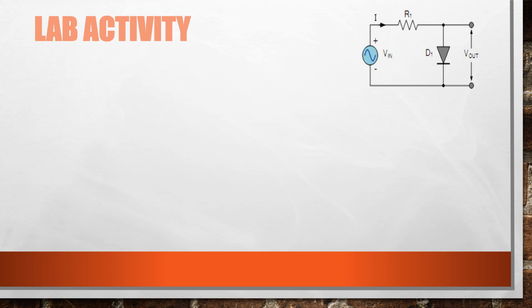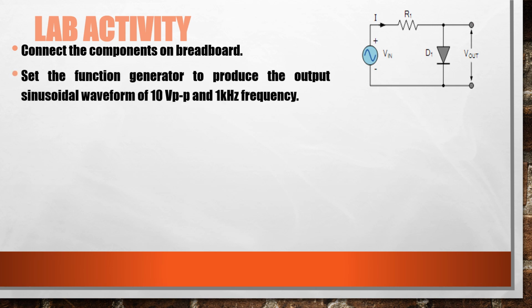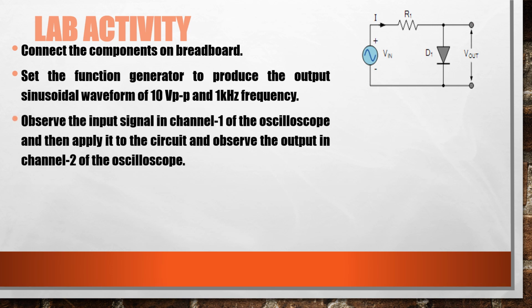Now here is your lab activity. Connect the components on breadboard as per this circuit diagram. Then set the function generator to produce the output sinusoidal waveform of 10 volts peak to peak and 1 kHz frequency. Then observe the input signal in channel 1 of oscilloscope and then apply this input signal to the circuit and then observe the output signal in channel 2 of the oscilloscope.